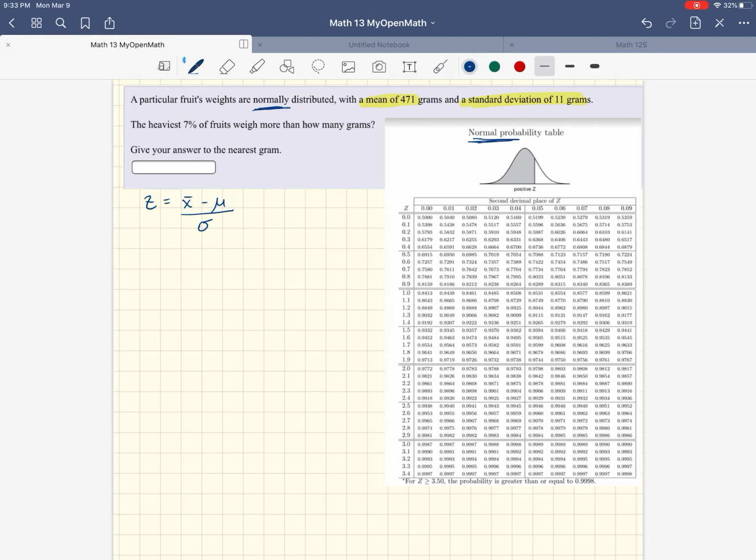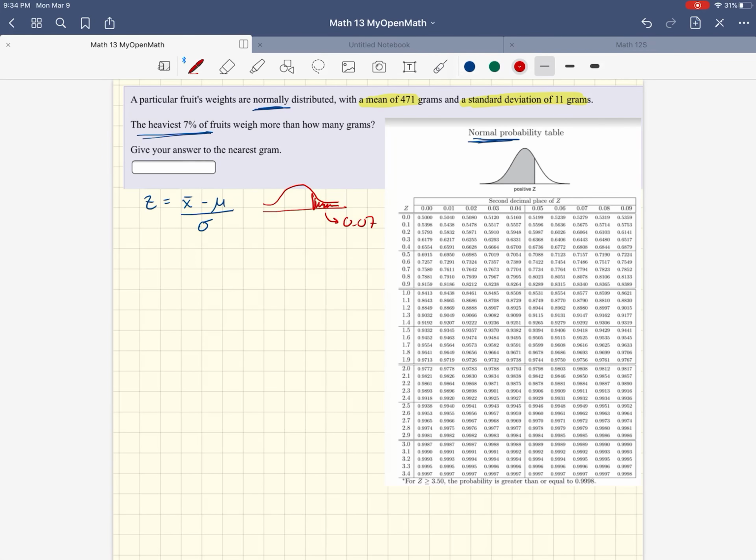The second thing is, this problem says that the heaviest 7% of fruits weigh more than how many grams? So if you're thinking about your normal probability curve, the heaviest 7% would be the area to the right being 7%, so 0.07.